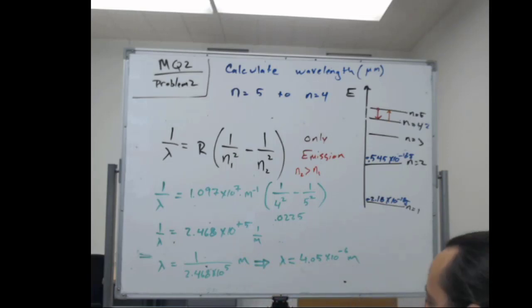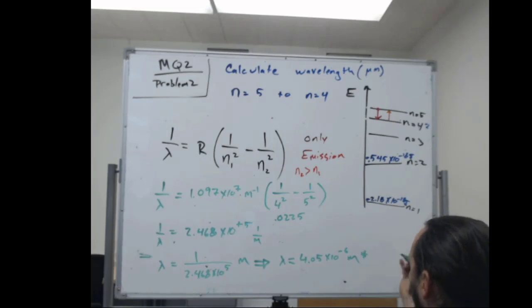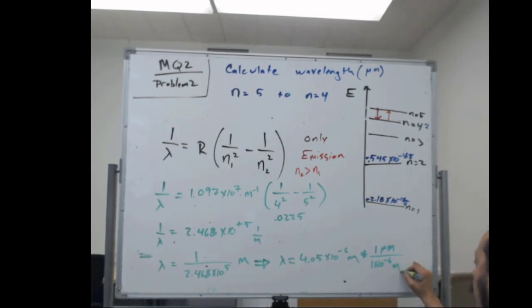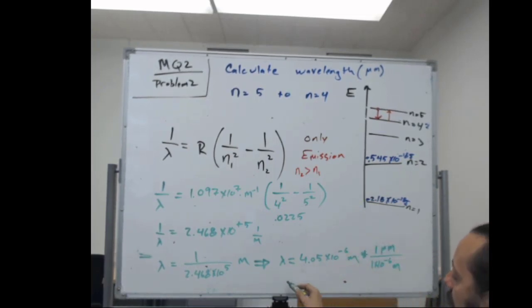And then let me do this last step. I forgot to do this last step on the previous problem. To convert to micrometers, we're going to say 1 micrometer is 1 times 10 to the minus 6 meters. Notice meters cancels out. We'll just get micrometers, and the 10 to the minus 6 is gone.